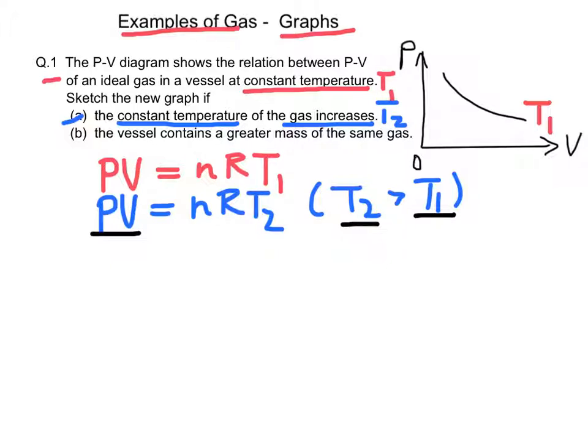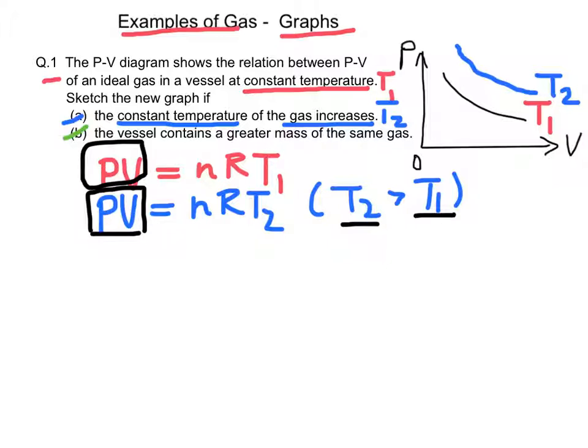That is, the final PV is larger than the initial PV. That is, the new graph will become a new curve, which is higher than the previous one, with temperature constant, which is T2.